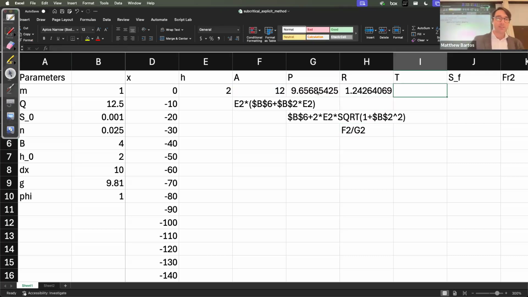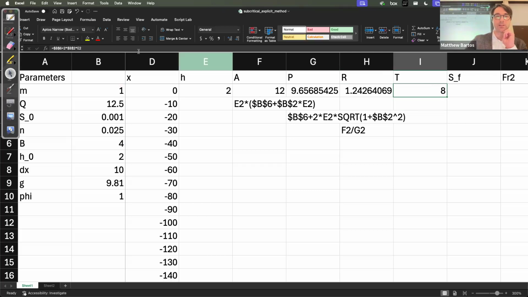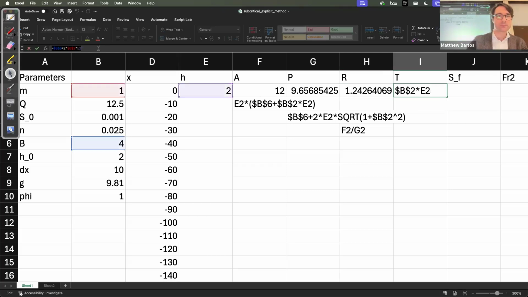The top width, so this is B, that's absolute cell reference B6 plus 2 times the side slope, that's absolute cell reference B2, times the depth, that's E2. Oops, I forgot to put an equal sign. All right, and I will paste that below.